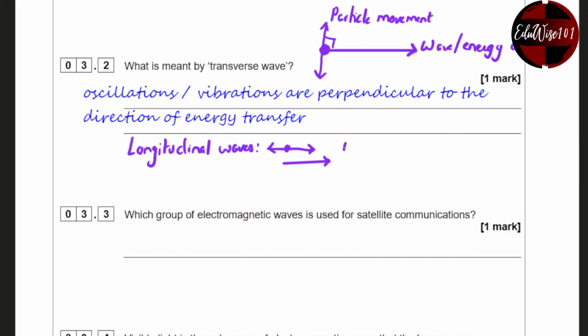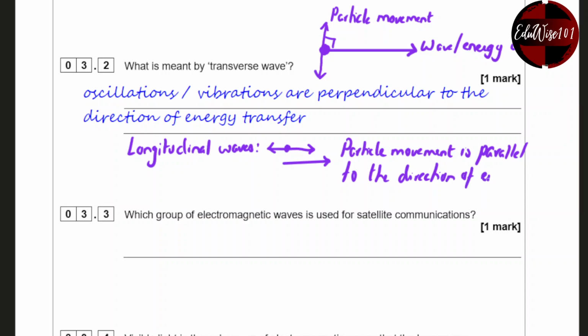So both the particle movement is parallel to the direction of energy transfer.